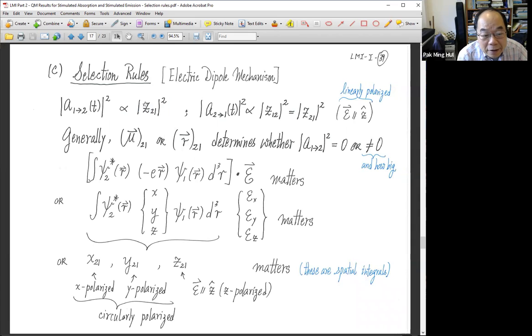It is the electron's coordinate in the middle, and then we have two atomic states, energy eigenstate 1 and 2. We also understand that both absorption and stimulated emission between two particular states rely on the same integral.